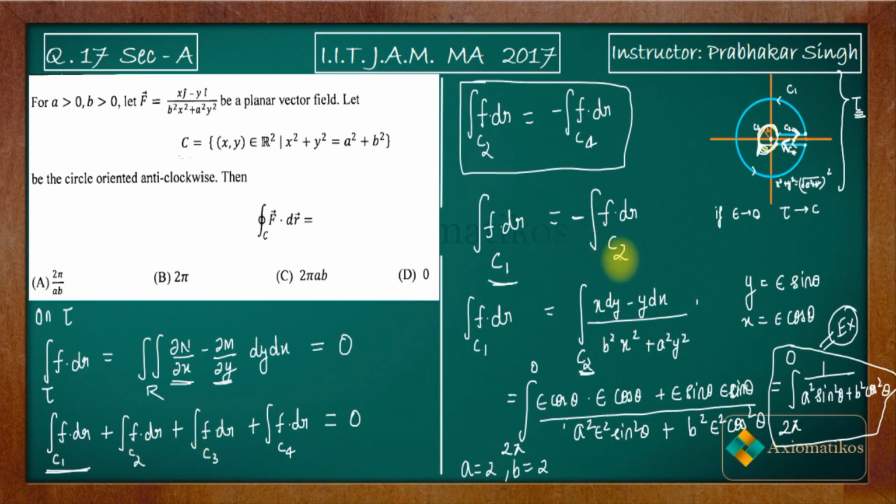All right, so it's not C2 actually, it is C3. So yeah, it was C3, all right. It is not C2. So f dot dr C1 is equal to minus f dot dr of C3. All right, so one minus was already there. Now see, we are getting this. So let us take this as an exercise for you.